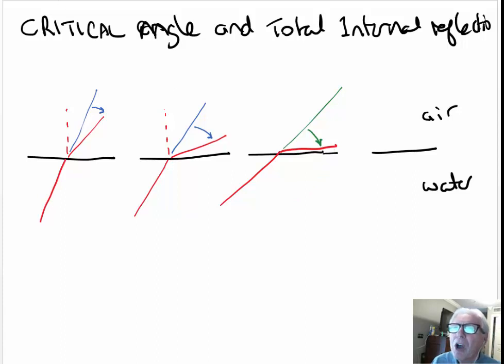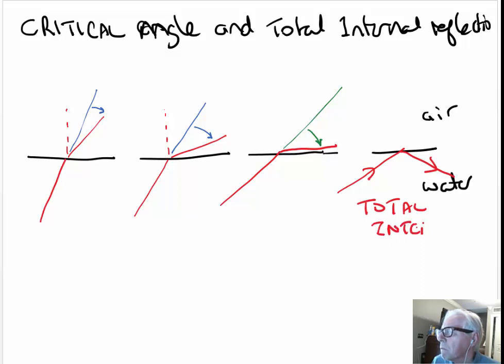So if I go beyond the critical angle, I get total internal reflection. It's better than a mirror. That's why optical instruments are often heavy, because they have prisms inside rather than mirrors.